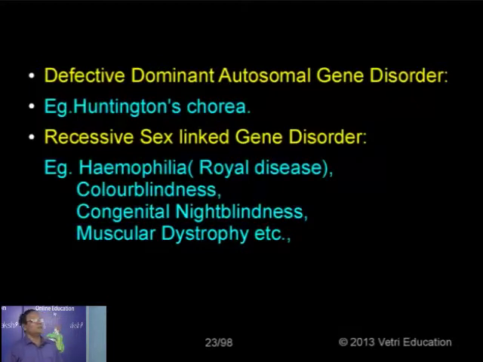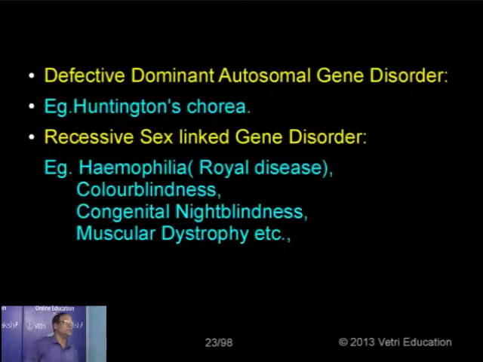Now we are talking mainly about disorders caused by recessive genes located in the autosomes, or body chromosomes. As I mentioned earlier, out of 46 chromosomes, 44 are body chromosomes. They concern body characters like skin color, hair color, body size, eye color, the earlobe, and the nature of the tongue, all coming under the autosomal chromosomes.